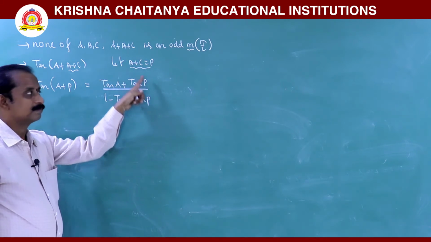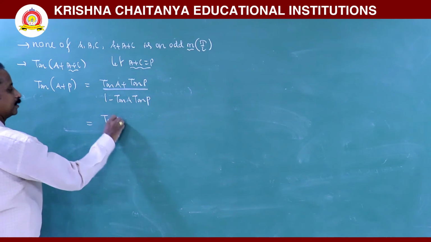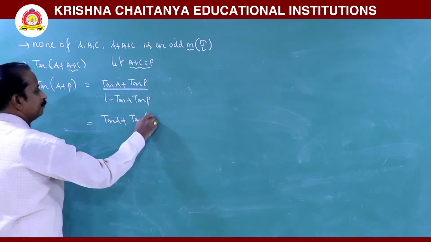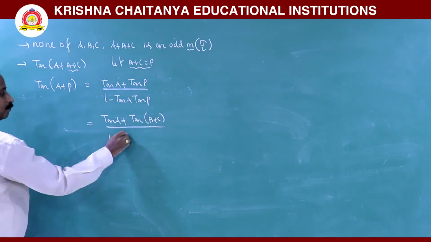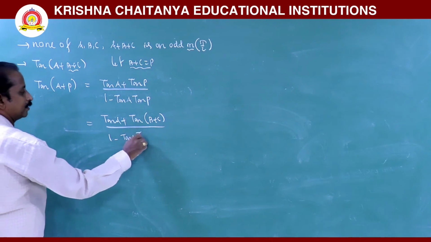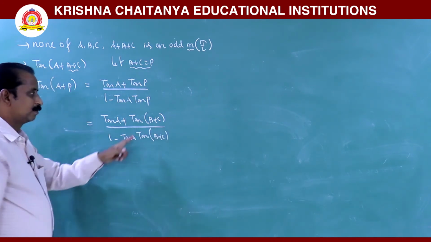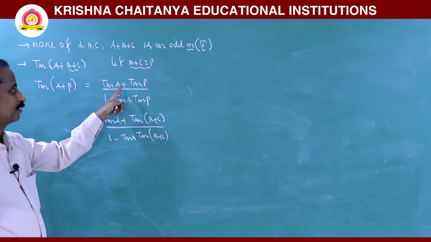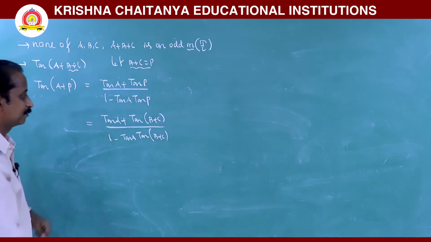Angle P is B+C. Therefore tan A plus tan(B+C), divided by 1 minus tan A into tan(B+C). Again it is in the form tan(A+B), and we apply the same formula, tan A plus tan B by 1 minus tan A tan B.